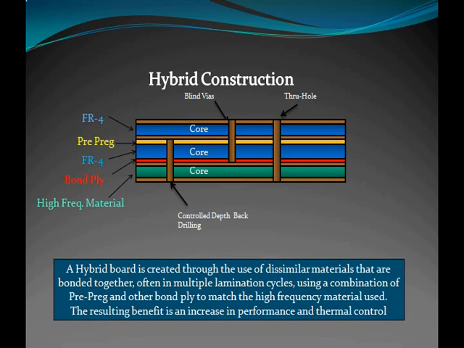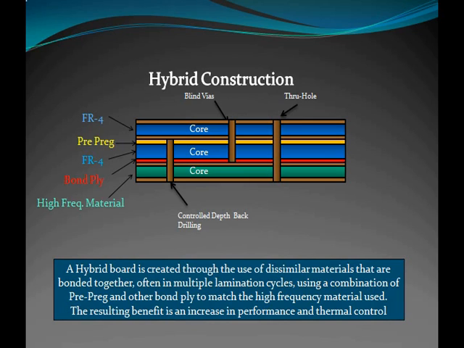In hybrid construction, a PCB is made with a combination of dissimilar materials. Standard FR4 is used on certain layers, while high-performance material is used on the higher frequency layers. The FR4 layers are bonded with standard prepreg. The high-frequency layers are bonded with bond ply that matches the properties of the material used.